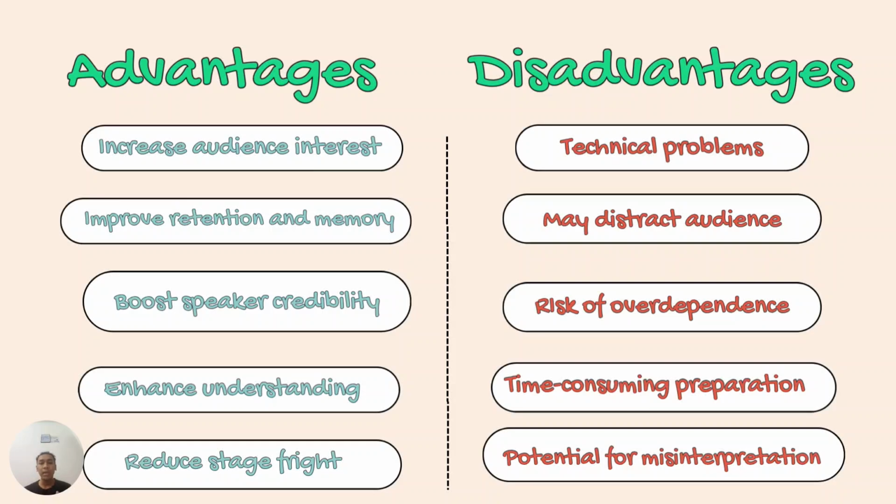Third is over dependence. Some speakers may rely too much on the slides, too much on the presentational aids, like they just read the slides without really properly explaining to the audience. Time consuming preparation and also potential for misinterpretation. If the visuals are too complex, the audience may misunderstand the data or the message.